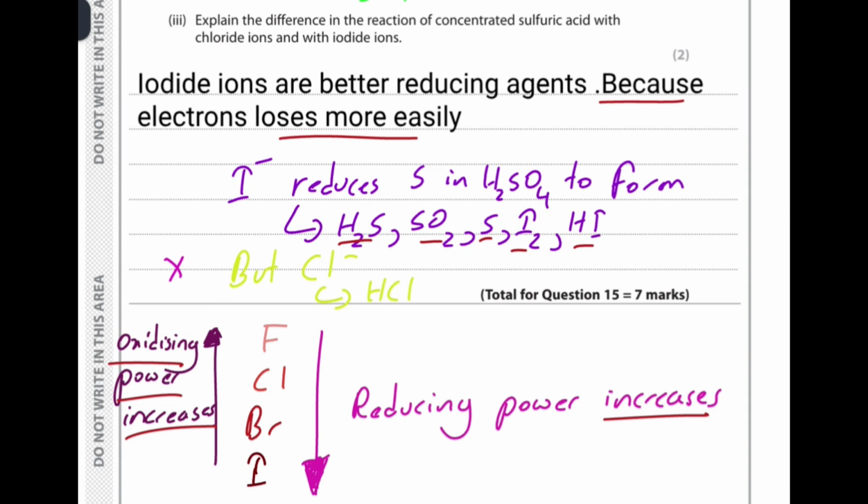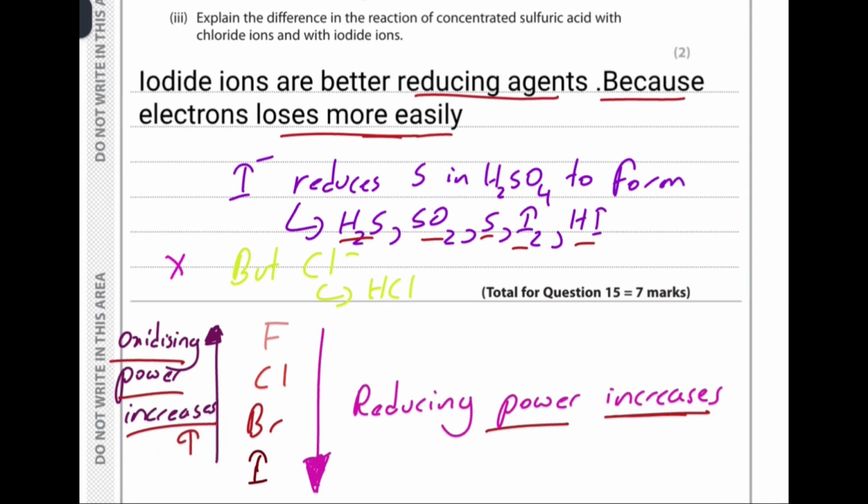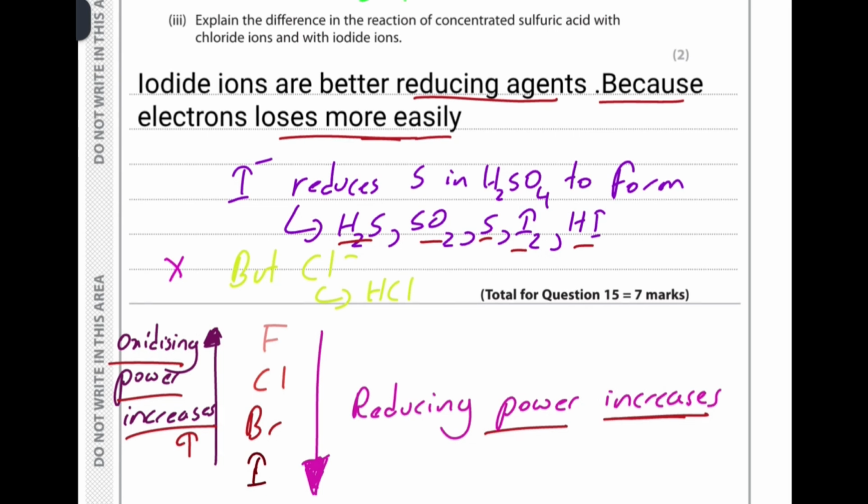So reducing power increases down the group, and oxidizing power increases up the group. So iodide ions are better reducing agents because they lose electrons more easily. I've done a video about this part, the test for iodide ions. I'll upload the link of that video in the description below, so refer to that video to get more about this part.